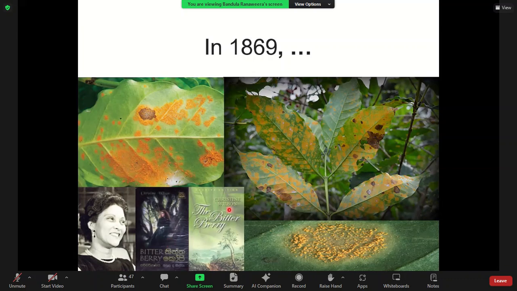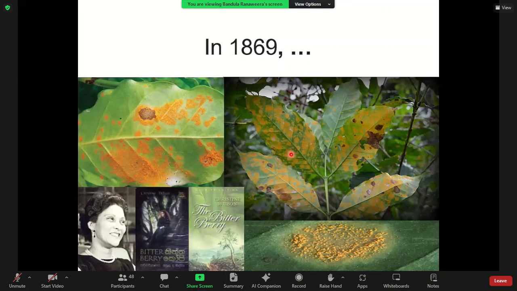It is not a book on disease management or plant pathology, but a well explained story. She has connected this disease problem to the life of planters at that time.